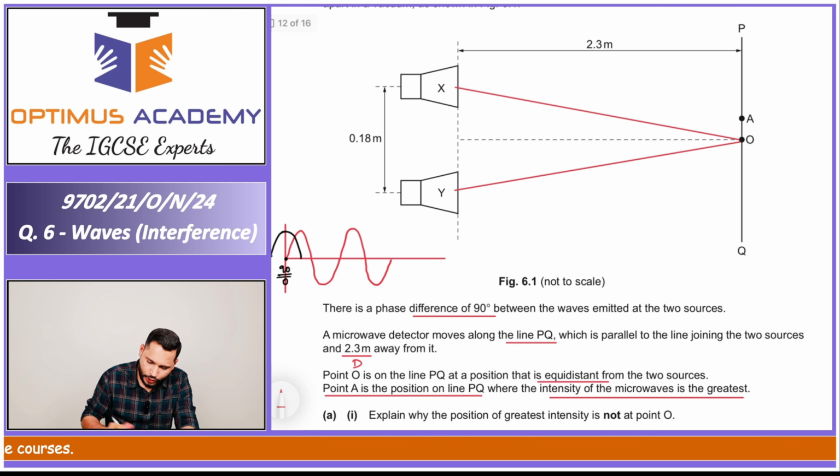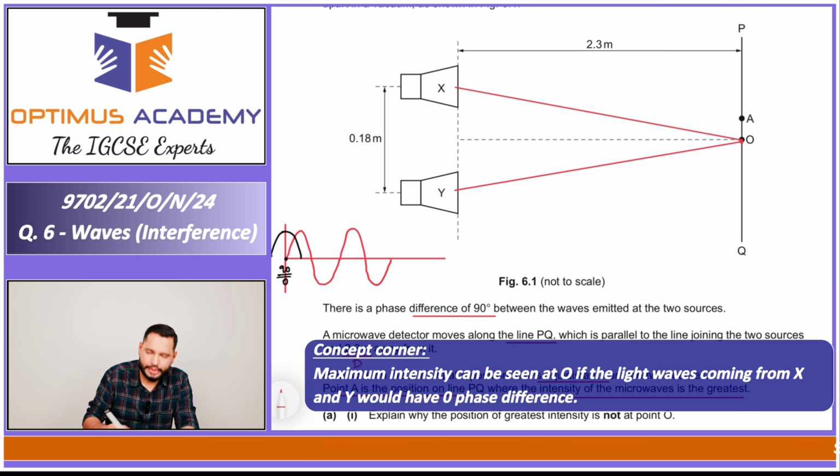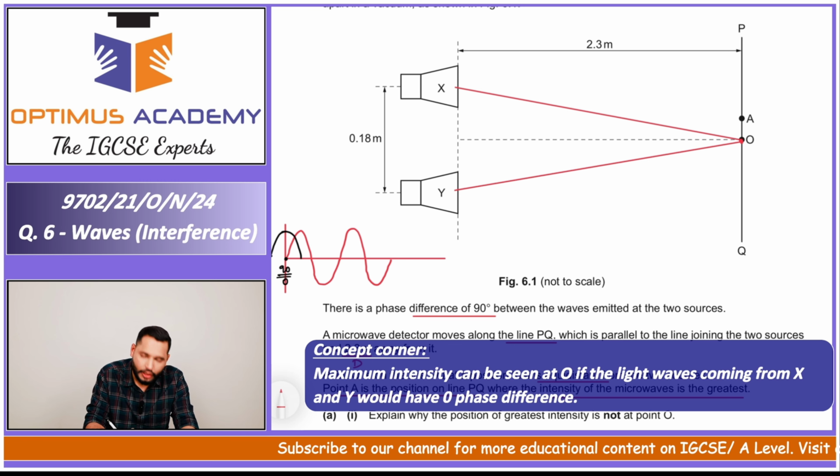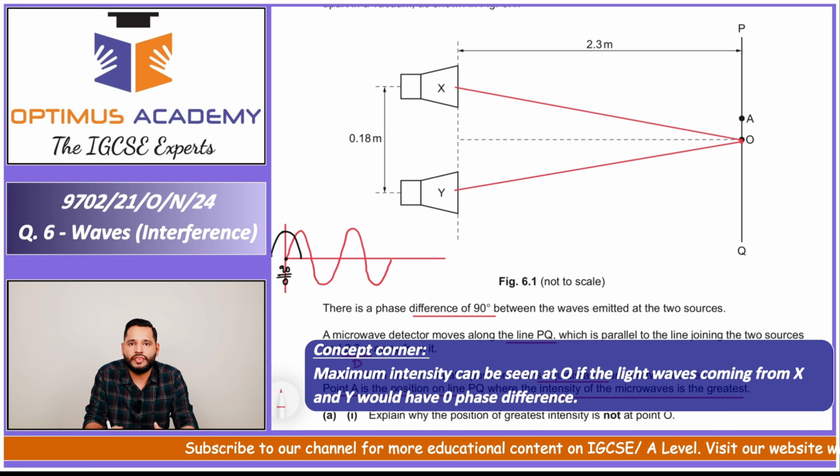Now see, usually we see the greatest intensity, or we say intensity maxima, at a point which is equidistant from the sources, provided that these two sources of light are having no phase difference or zero phase difference. Here the waves are moving with phase difference 90 degree.